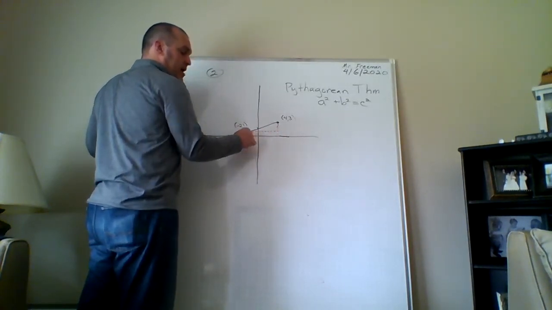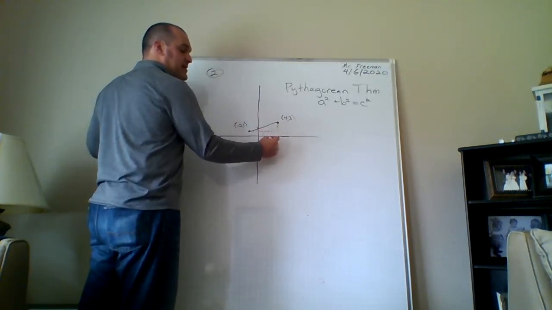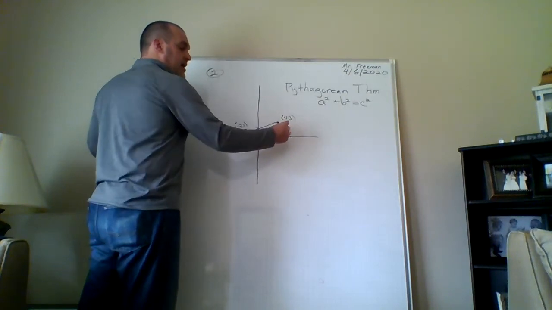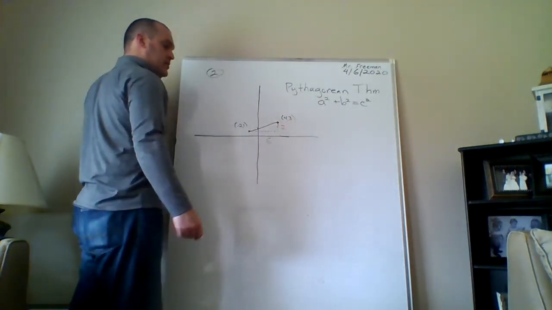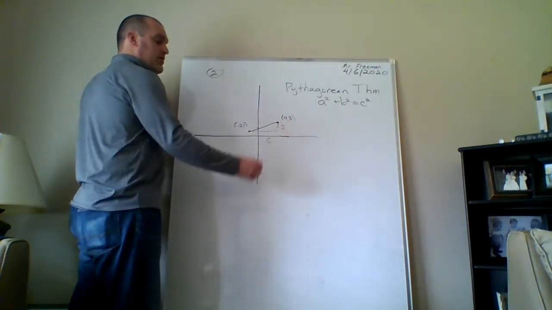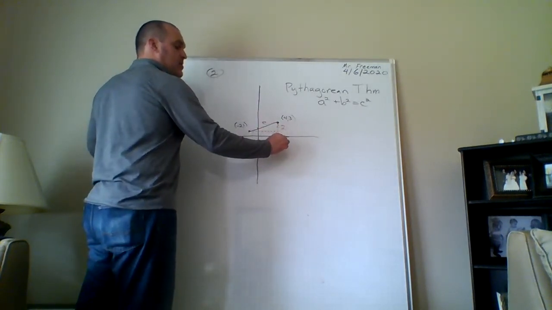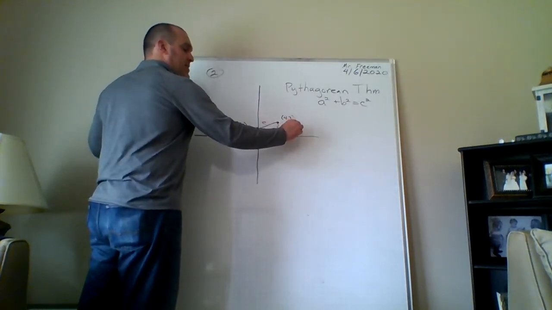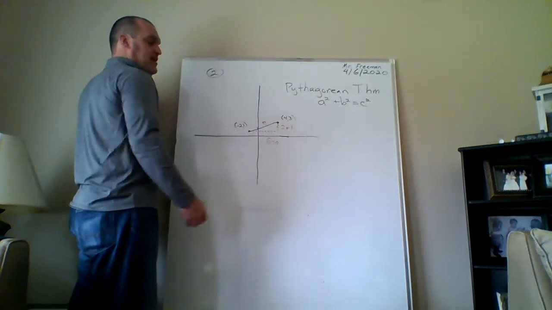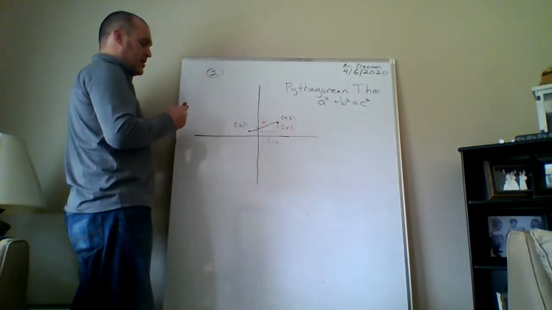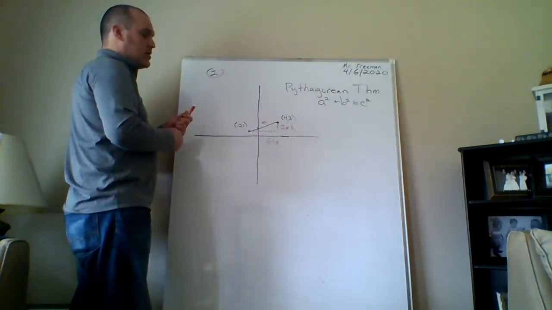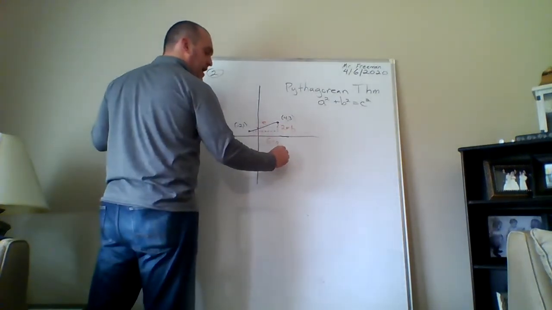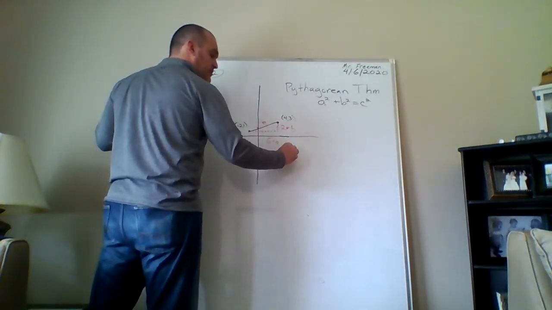I went from here, I went over 1, 2, 3, 4, 5, 6. I went over 6. And again, I went up 2. So we've got an A, we've got a B, and we're trying to find that distance, which we can label as a C. If that's A, that's 6 squared.